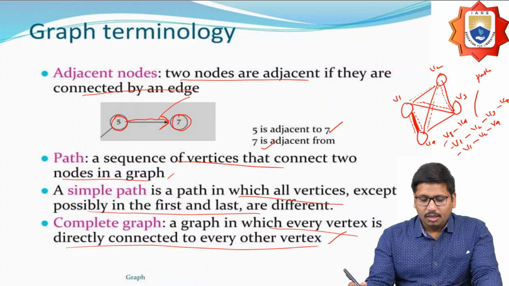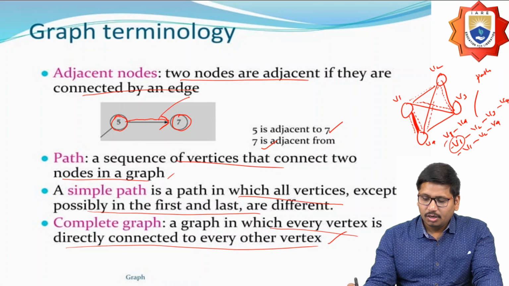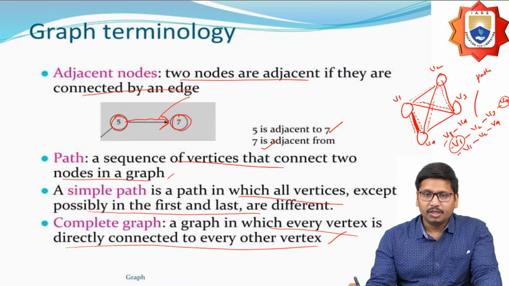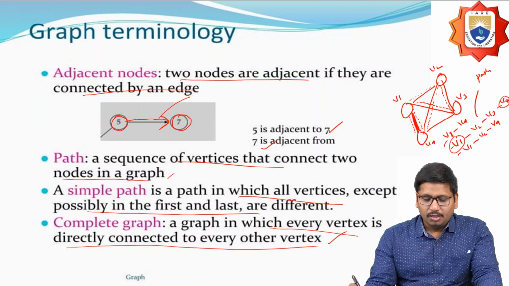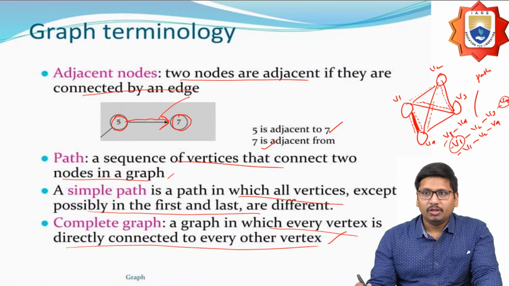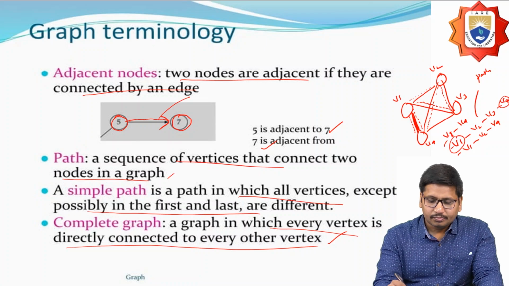A simple path is a path that includes all the vertices except possibly the first and last, which should be the same or different. So the first one and last one being different should be treated as a simple path. And a complete graph means every vertex is directly connected to every other vertex.